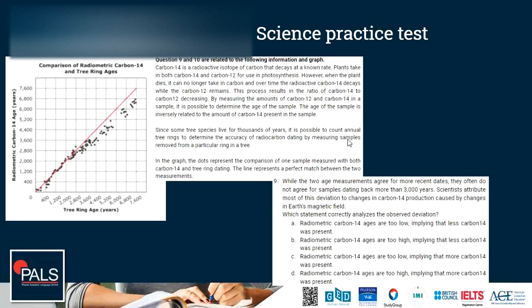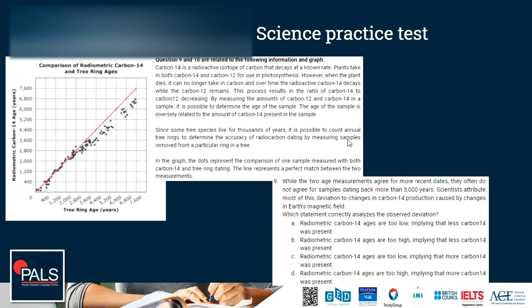And scientists had the idea to double check with tree rings, because we know that we can count tree rings, and from that know how old a tree is. And some trees get really old, like several thousand years old. So we can take one of the really old tree rings, take a sample, check how much carbon-14 is there relative to carbon-12, use our carbon-14 dating method, and make a prediction.